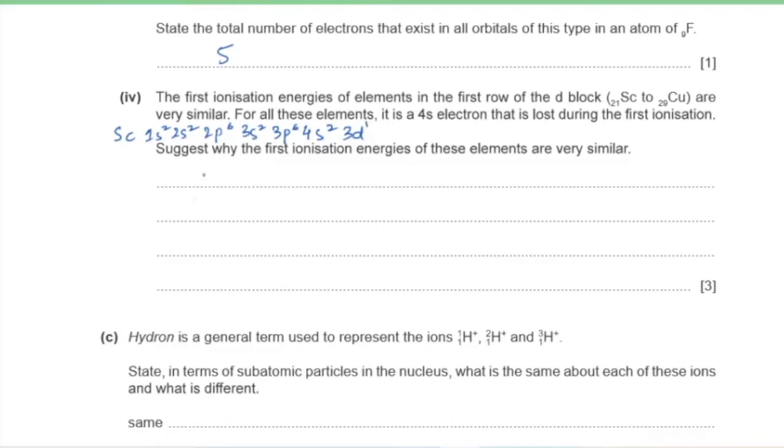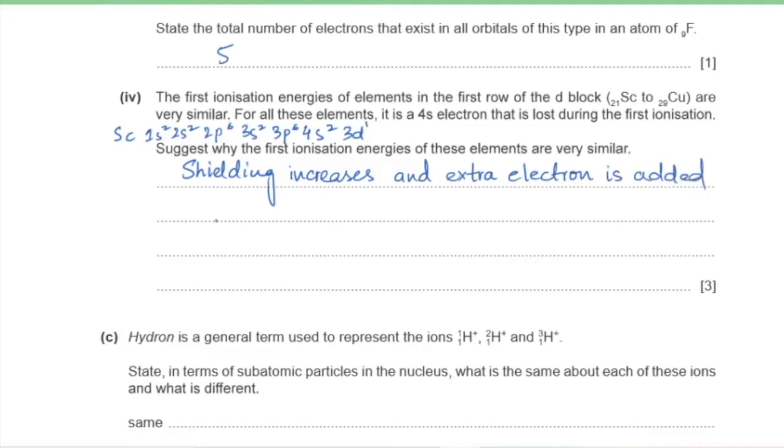So we can write that all the way from scandium to copper, shielding increases. The extra electron which is added every time you move towards the right from scandium to copper is added to the 3d subshell, which is an inner shell.